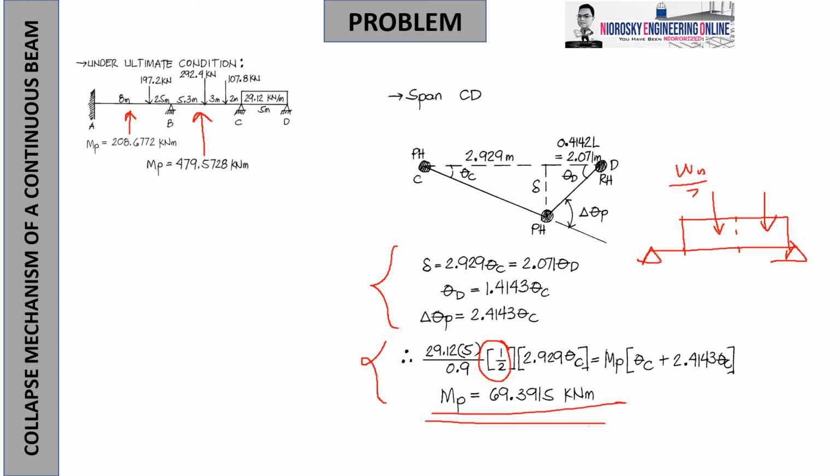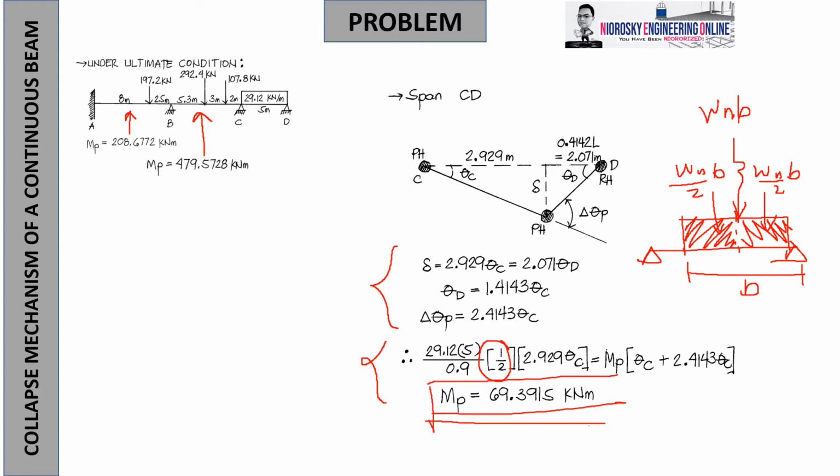Wn over 2, then Wn over 2, of course times let's say the distance B. Because there's also always an equivalent Wn times B, and we take only one half. Because it produces the deflection property as far as plastic is concerned. Now, so this will represent the answer for span CD.